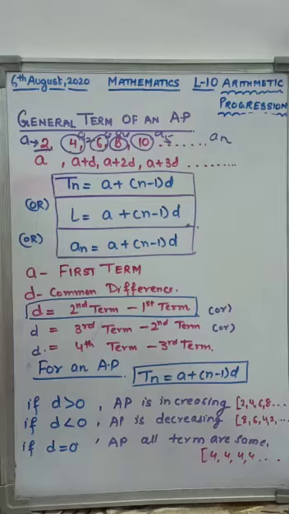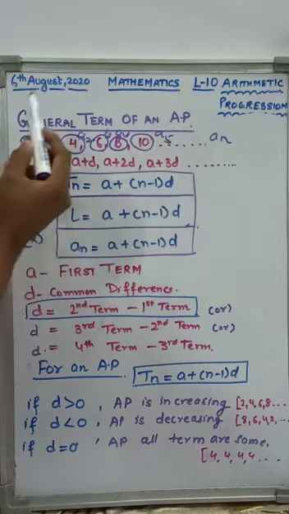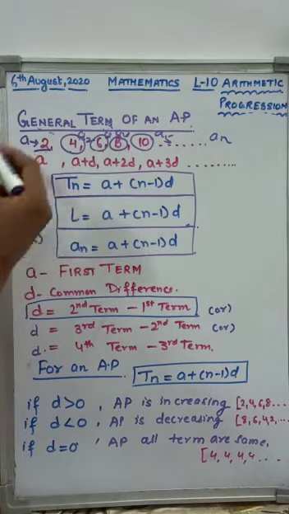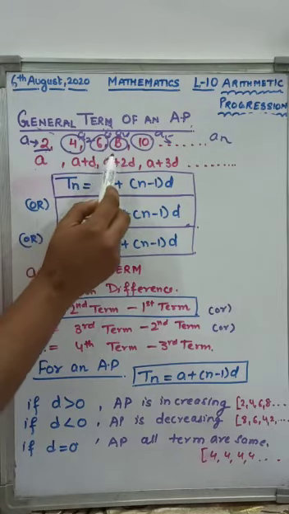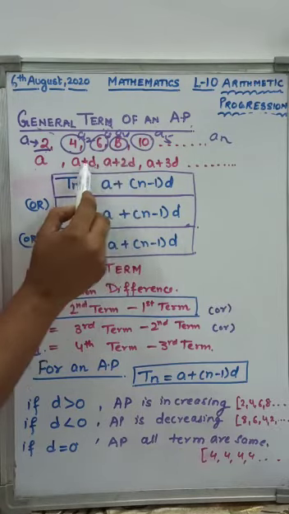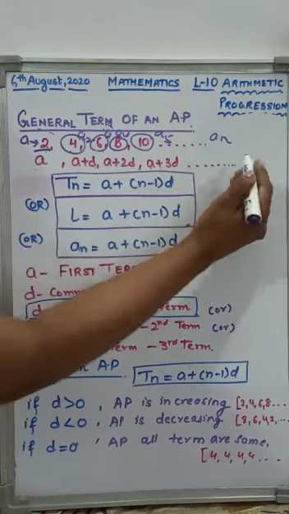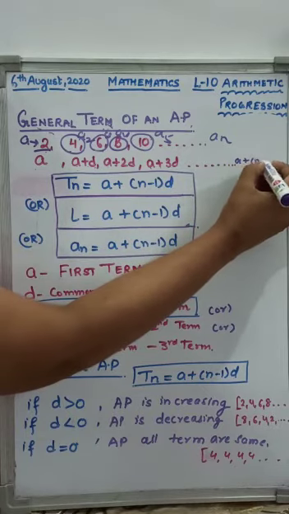Now let's take a common series. We have to find the general term of an AP. General term, general formula, general expression. So a, a plus d, a plus 2d, a plus 3d, so on, and this will be a plus n minus 1 d.